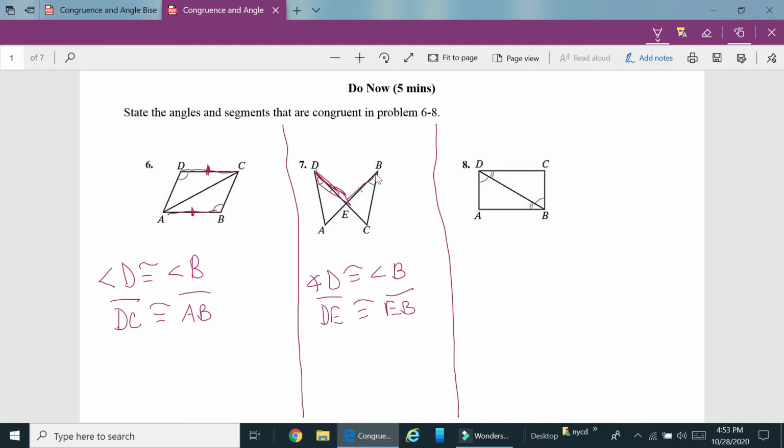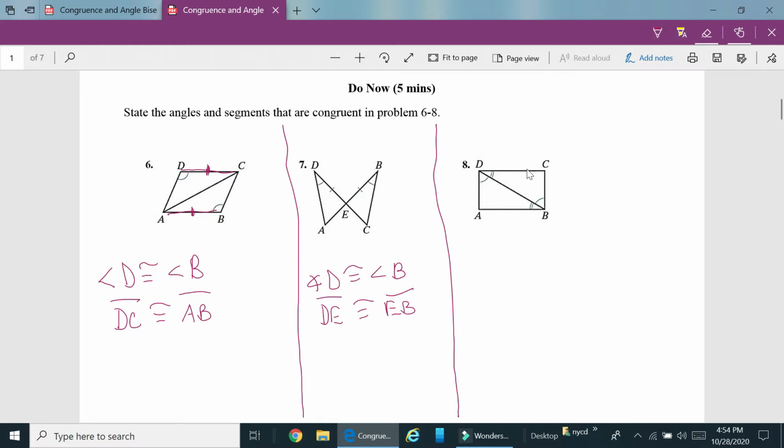Okay, some students said it's DC, and if you notice, there's no markings there because sometimes in the regions, this could be bigger or this could be smaller. That's not necessarily DC. It doesn't have to be equal to AB. Okay, but if you wrote it down, I'll give you credit for it.